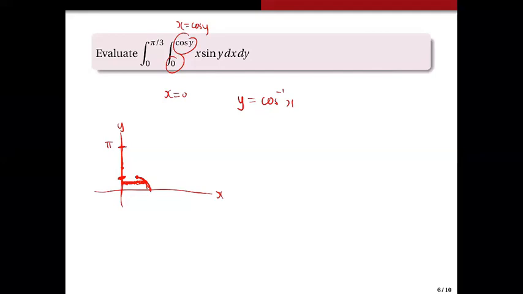And then this strip here will run until y equals pi over 3. So if this is your pi over 3, this will be the region.